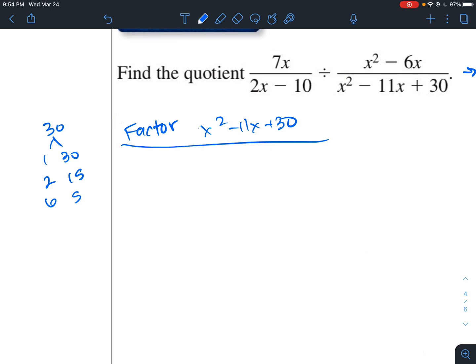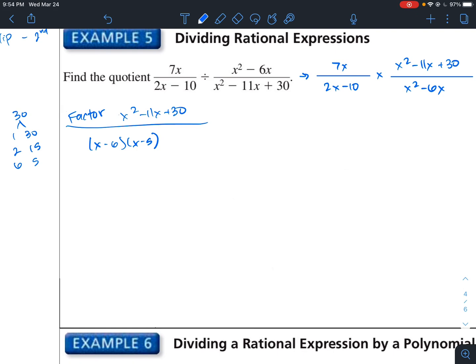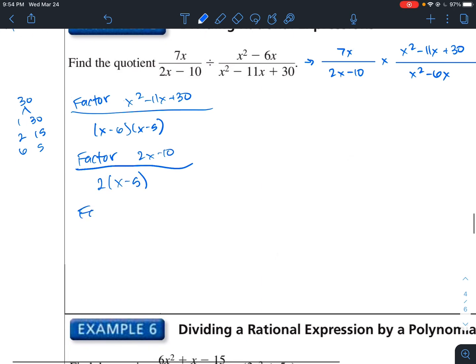So it would have to be x minus 6 and x minus 5. Now let's factor 2x minus 10. The only thing they have in common is 2, so it would be 2 times x minus 5. And let's factor x squared minus 6x. I can factor out an x, and I'd be left with x minus 6.